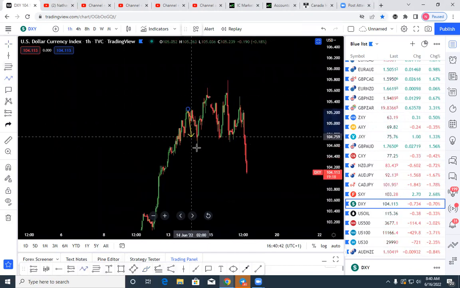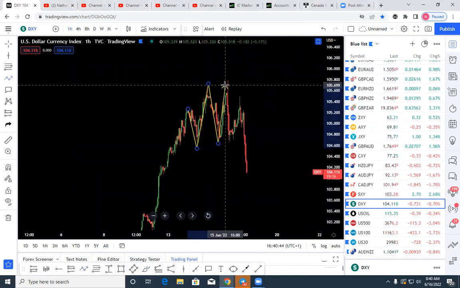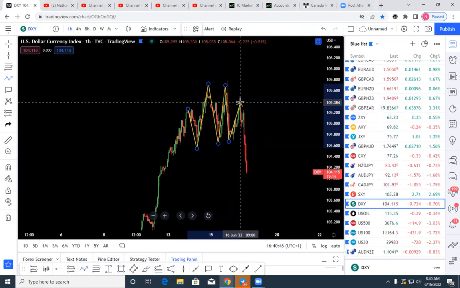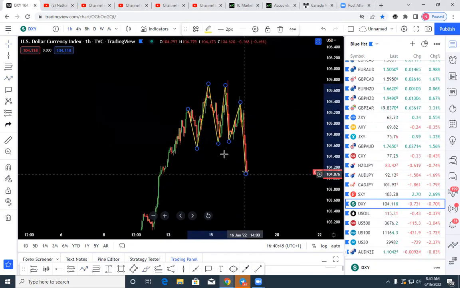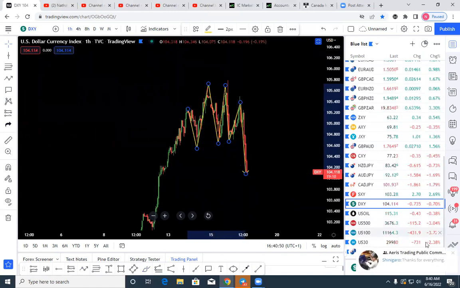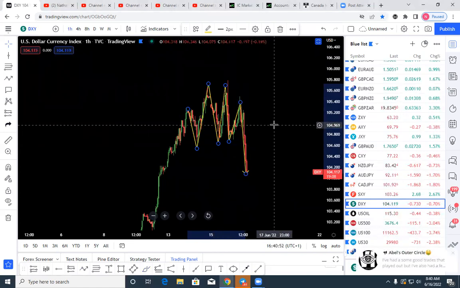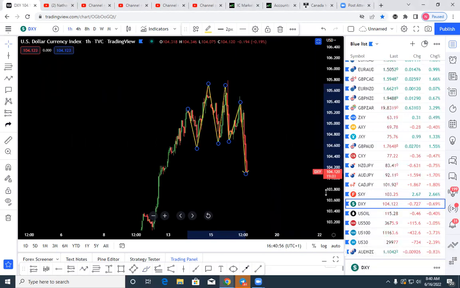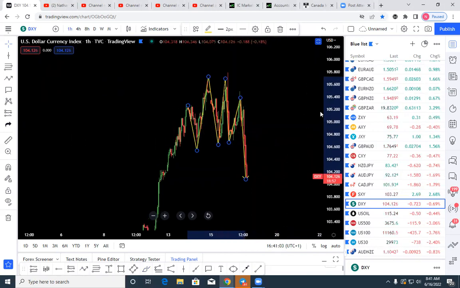Very quick, guys, let me show you. You have a consolidation here, very quick impulse, you see correction. When this correction is happening in DXY, guys, I'm telling you, the market is going to be quiet. Nothing is going to happen in this market. So I don't place any trade when correction is happening with DXY.